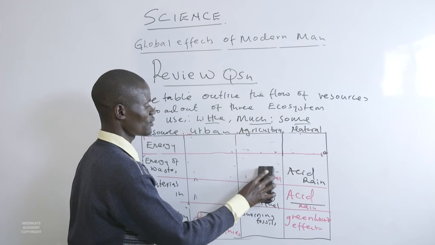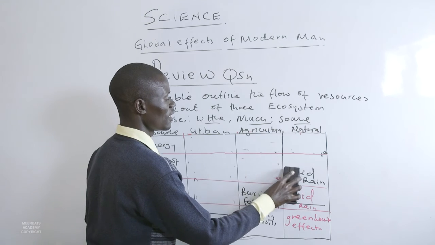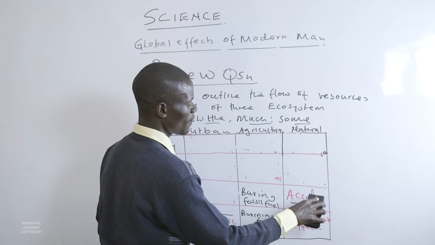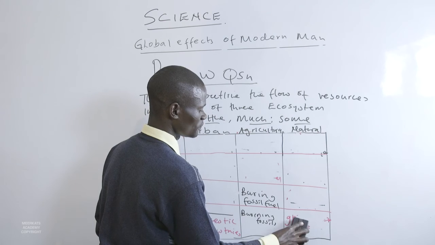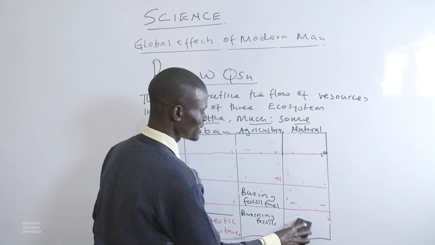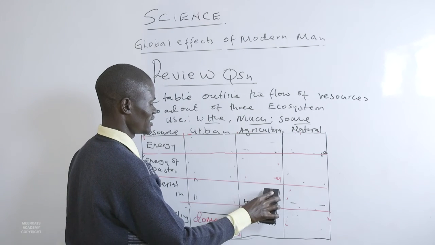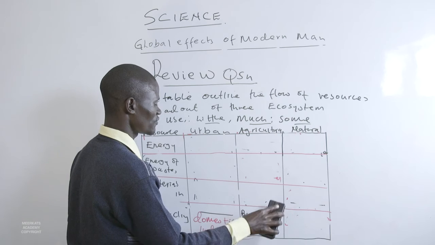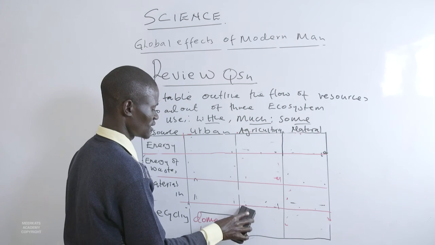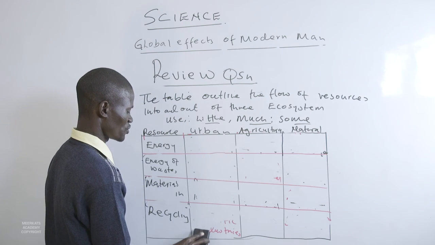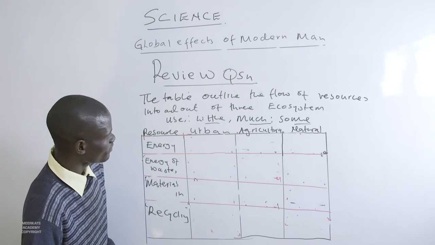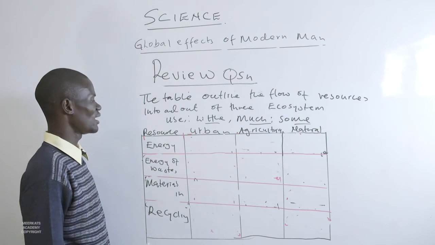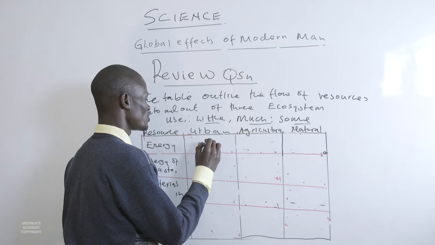We use the word little, some, or much to describe their flow. What do you think? The energy that comes in from the urban center, the urban center has much more energy.